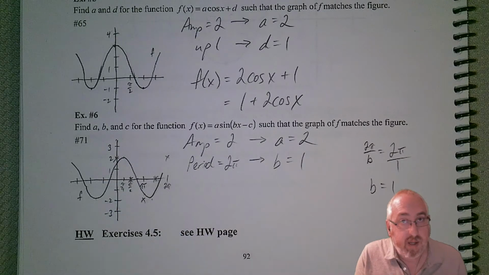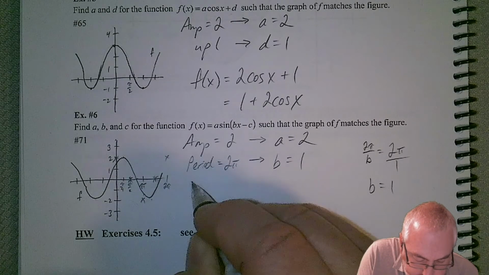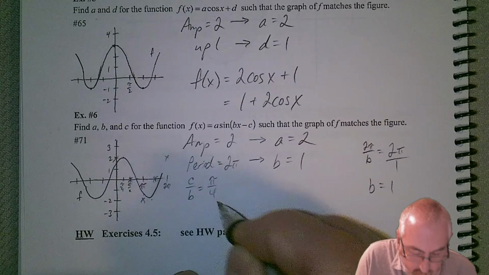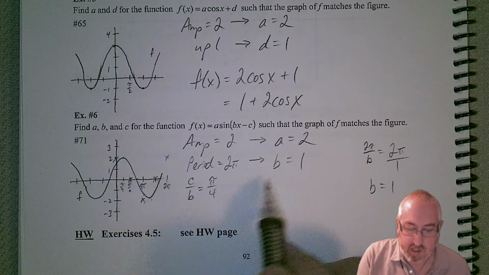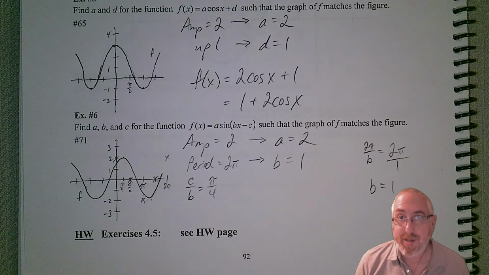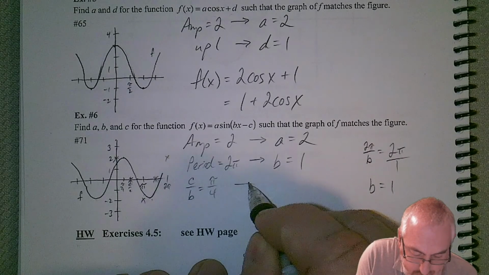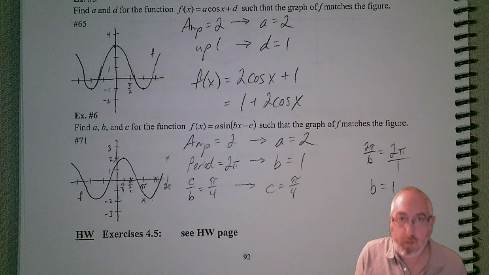So the shift is to the right, pi over 4. So if C over B equals pi over 4, and we know that B is equal to 1, what should C be? So we can conclude that C should be pi over 4.